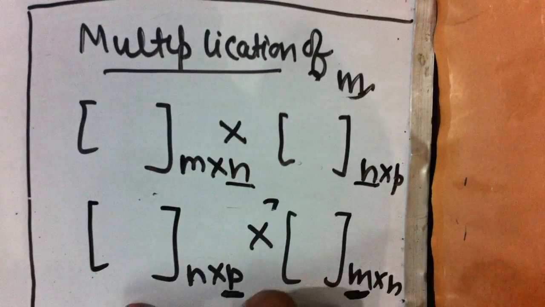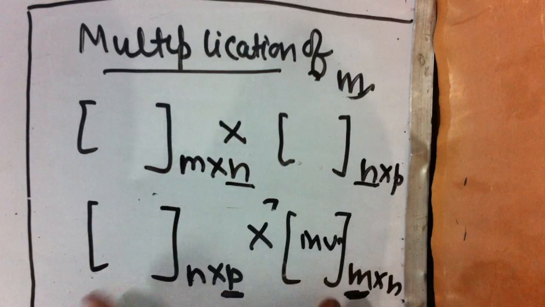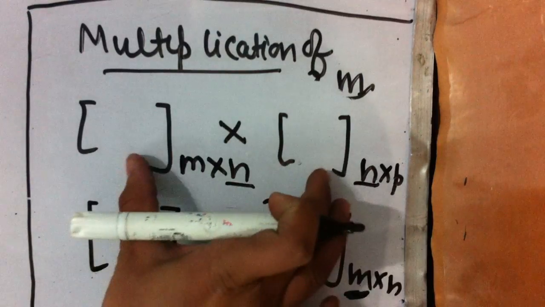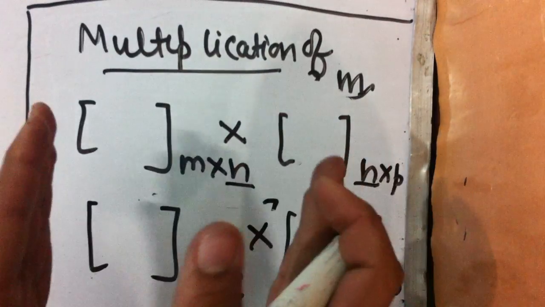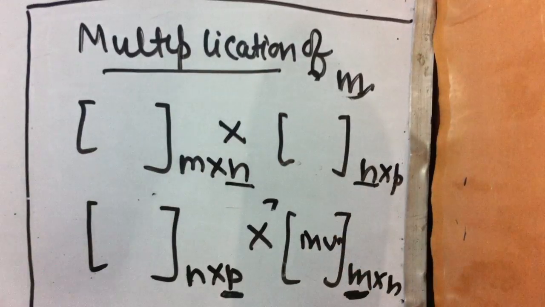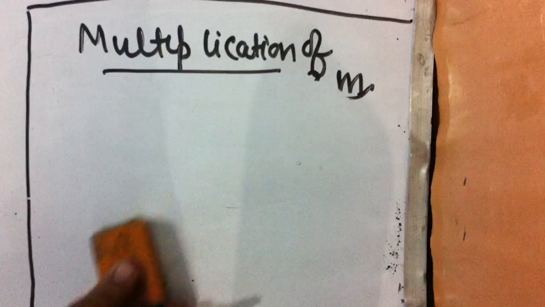So it doesn't satisfy our condition, so the result is invalid for us in this operation. But the result is quite valid for us in the other operation. So the multiplication of any two matrices doesn't hold good the commutative law.